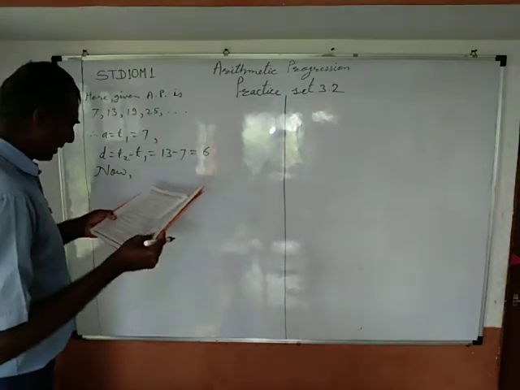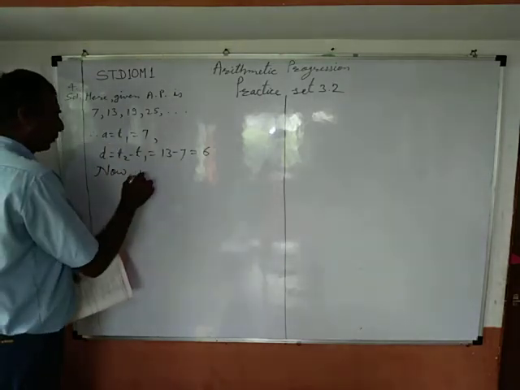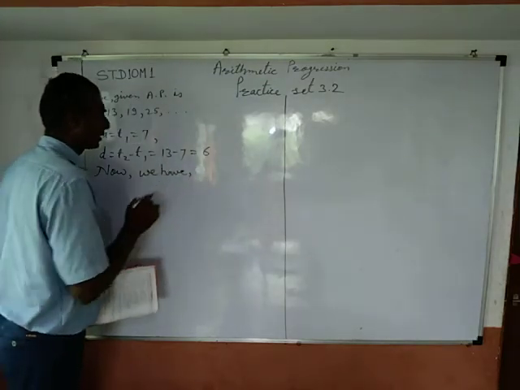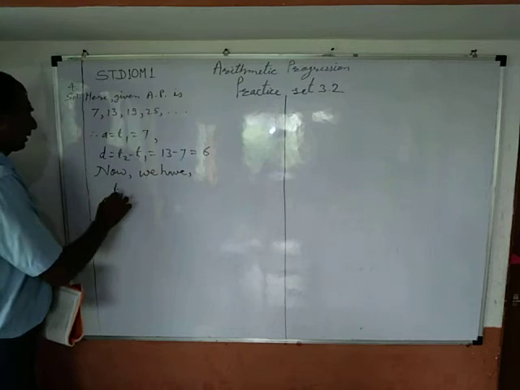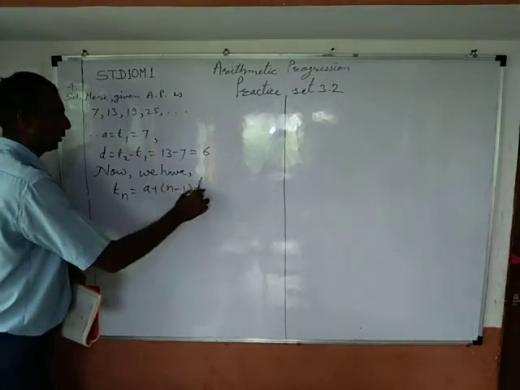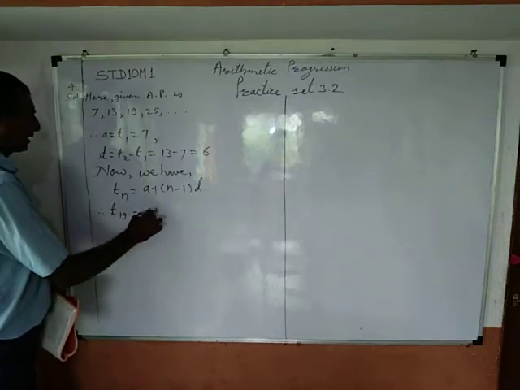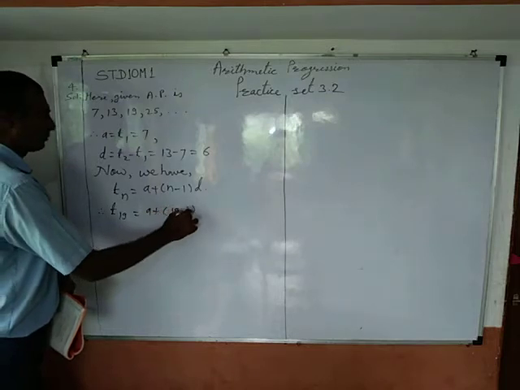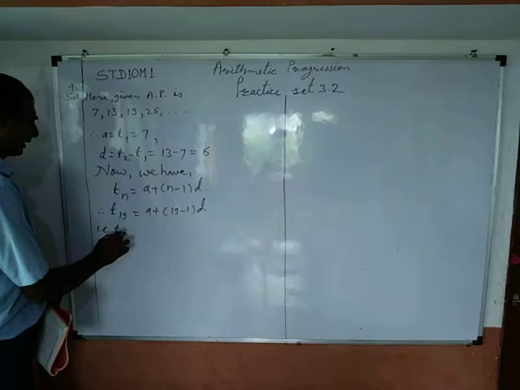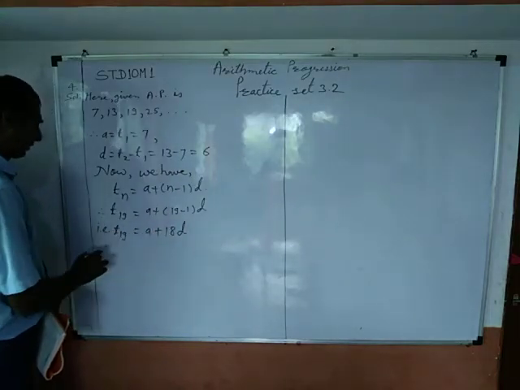Now, as we are interested to find the 19th term of this AP, we have a formula related with the nth term. We have Tn equals A plus n minus 1 into D, and therefore T19 equals A plus 19 minus 1 into D, that is T19 equals A plus 18D.